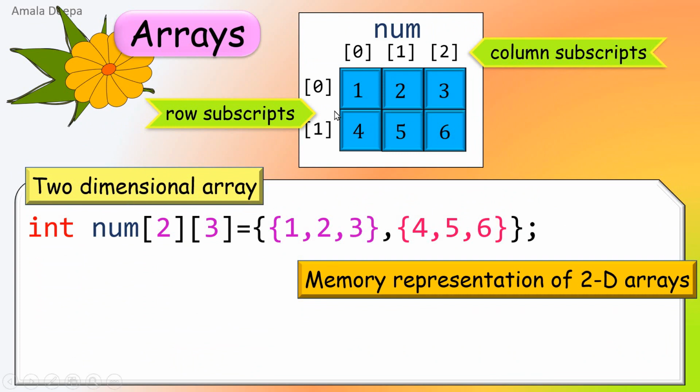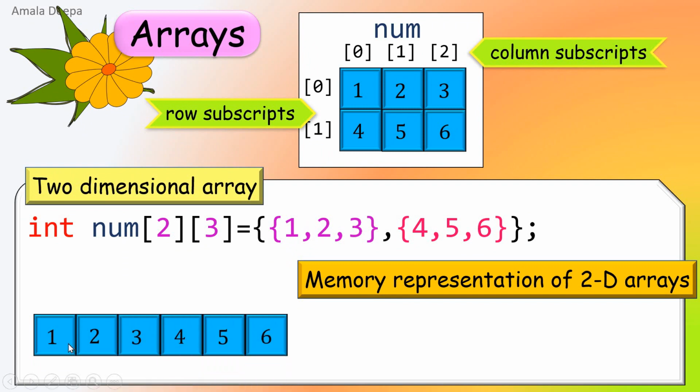Normally, two-dimensional arrays are viewed in a rectangular form of rows and columns. But in the memory, the elements of a two-dimensional array are arranged in continuous memory locations like a one-dimensional array, like this.